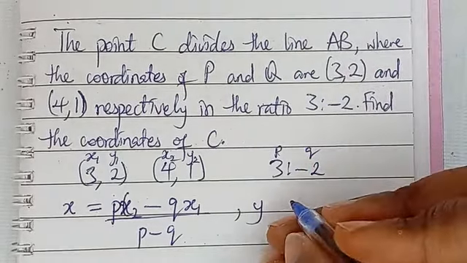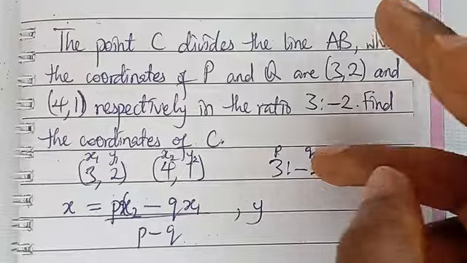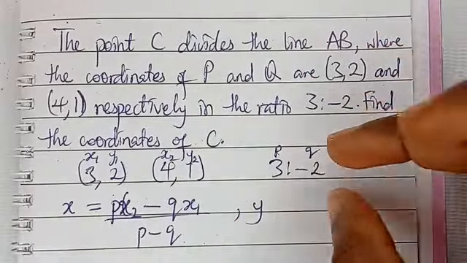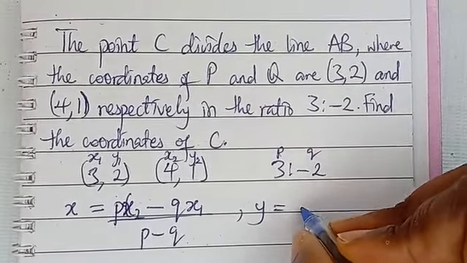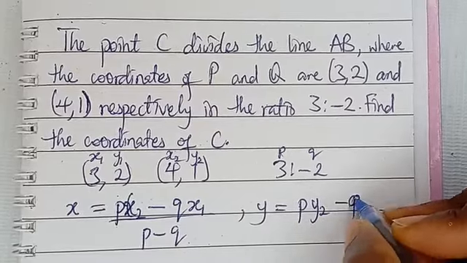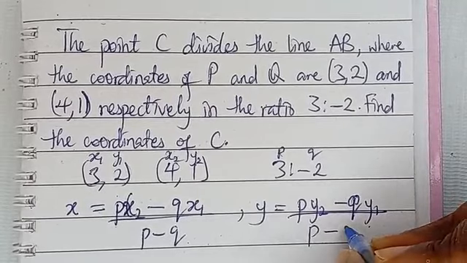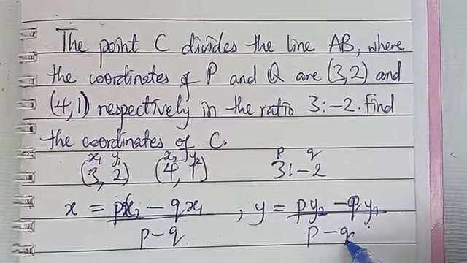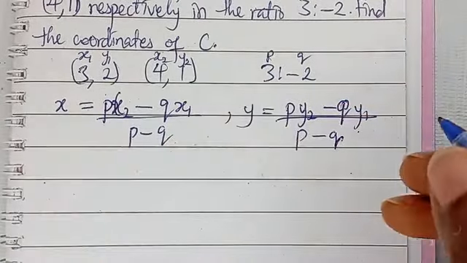That's all. And once we've done that, we will no longer need to recognize this negative here. We'll just put in the absolute value. Okay, we have that this is P y2 minus Q y1 over P minus Q. So we'll now substitute.